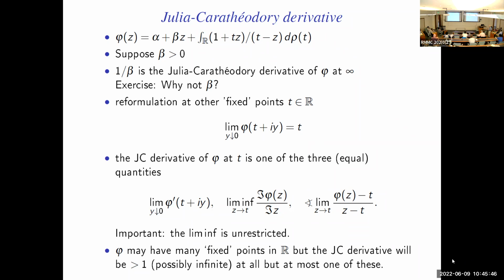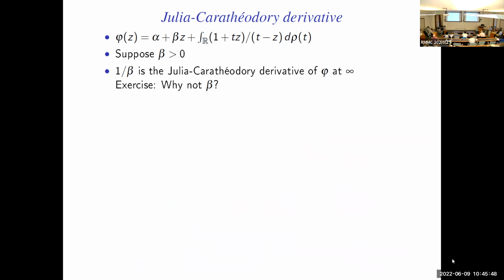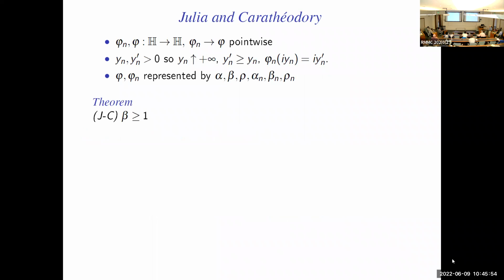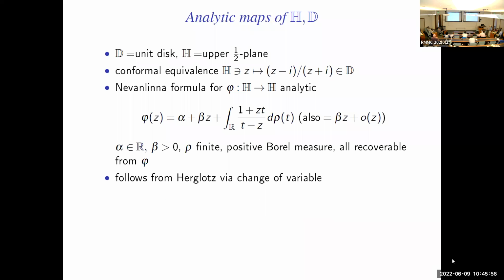Let's go back a little bit. Just look at the formula. If beta is bigger than or equal to 1, just iterate this formula: alpha plus beta z plus that.